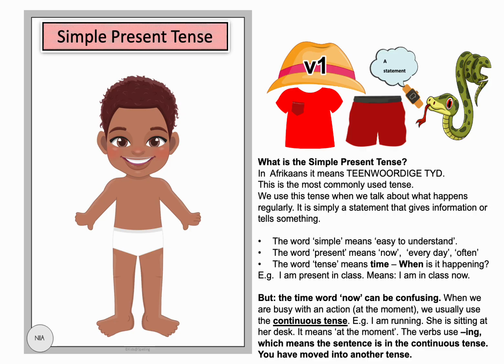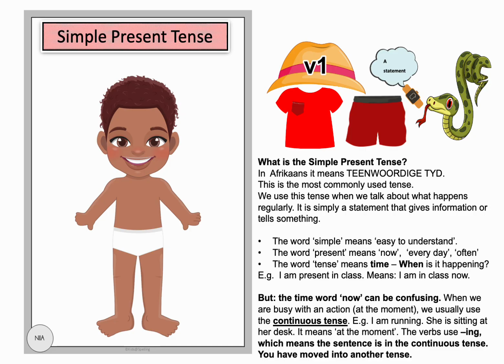The word simple means easy to understand. The word present means now, everyday, often. The word tense means time. When is it happening? For example, I am present in class means I am in class now.